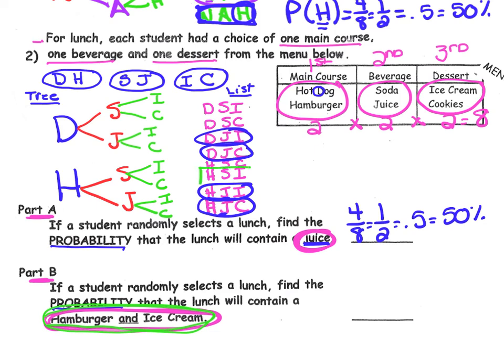Well, this one has hamburger with ice cream, and this has a hamburger with ice cream. That would be 2 out of 8, 1/4, 0.25, or a 25% chance. This concludes page 16.